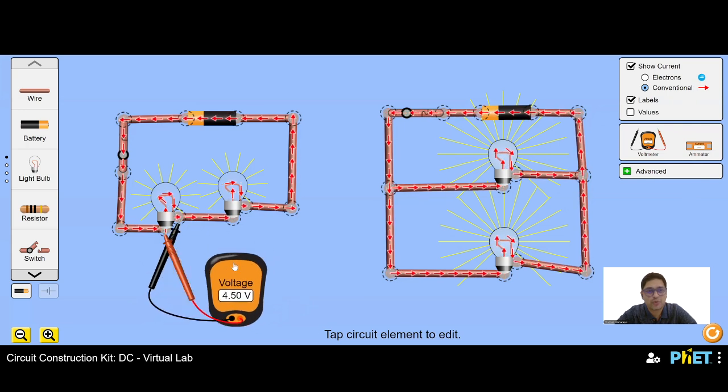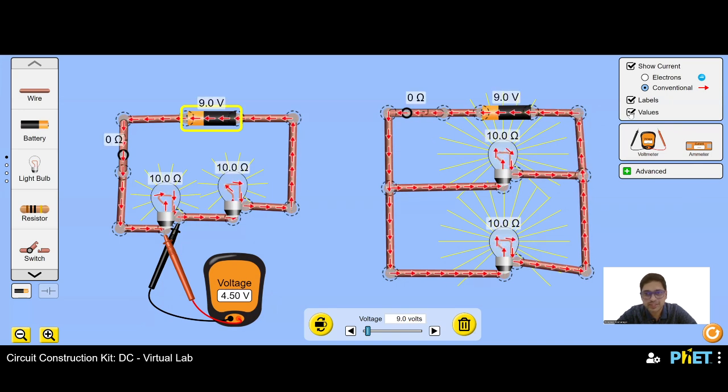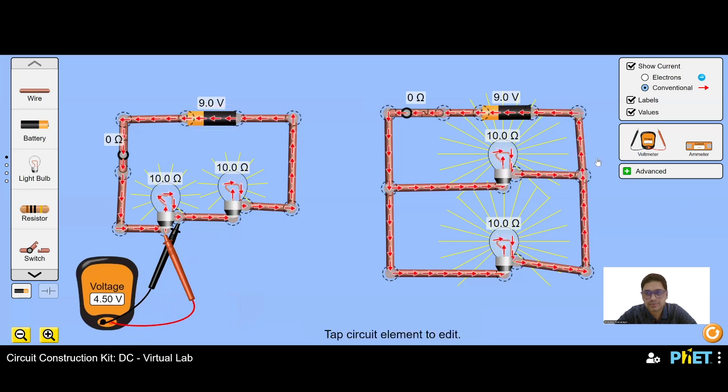There we go. 4.5 volts. How many volts is the battery now? Battery is giving us 9 volts. All right, so let me turn on the values. There. Okay. So it's 9 volts and there's 4.5 here. And also, okay, let me put it like that. One more.